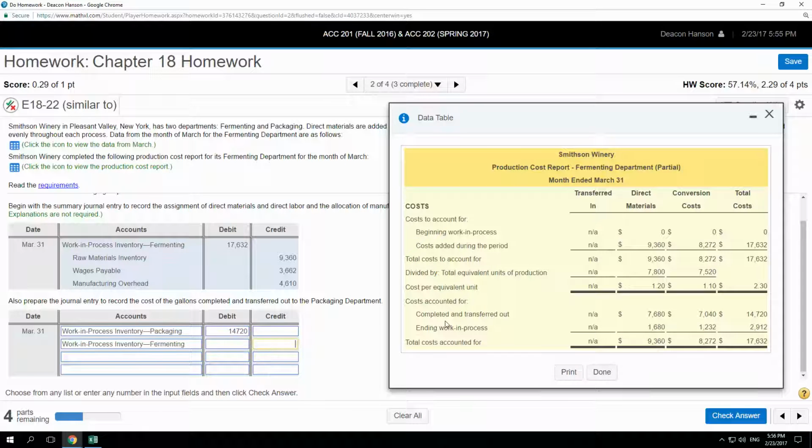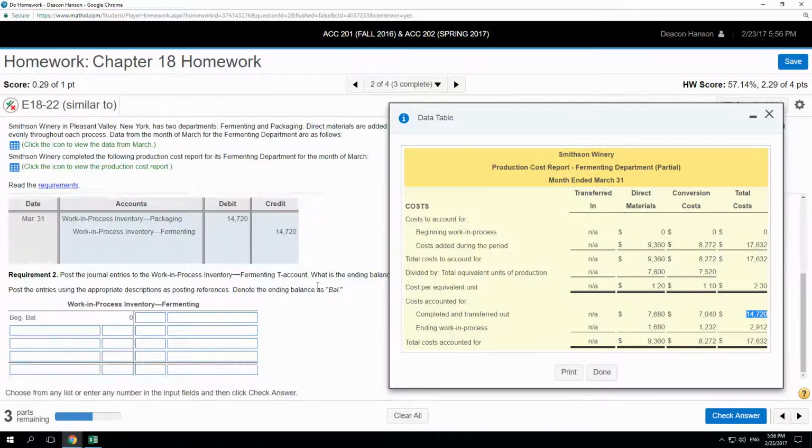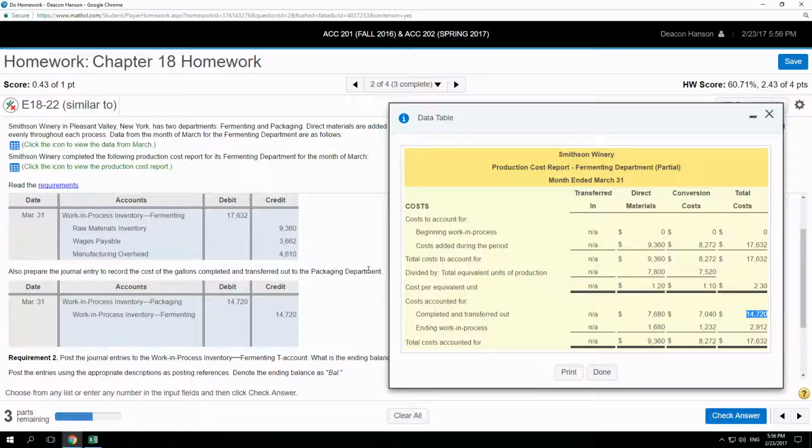So I pulled the completed and transferred out number, 14,720. So I'm moving it from one process to the next. They fermented it. Now they're going to package it. So we move it from one process to the next process.